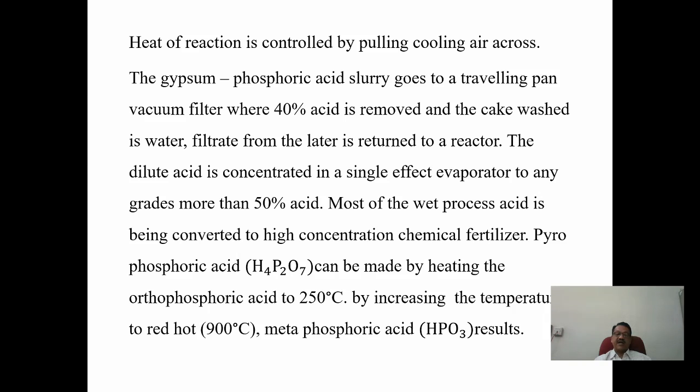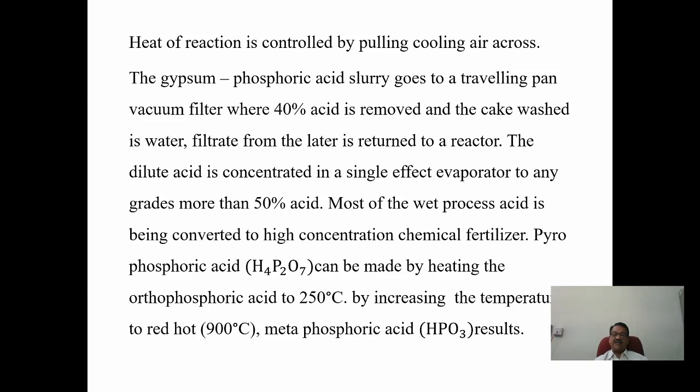The dilute acid is then concentrated in a single effect evaporator to any grade more than 50% acid content. Most of the wet processed acid is being converted to high concentration chemical fertilizer. The phosphoric acid obtained is known as orthophosphoric acid.